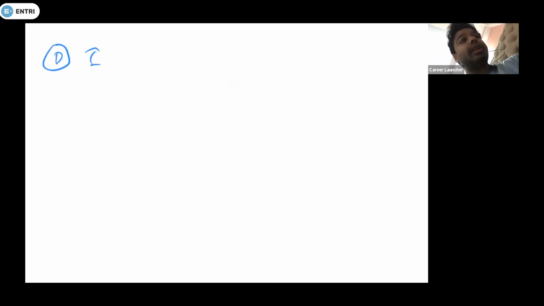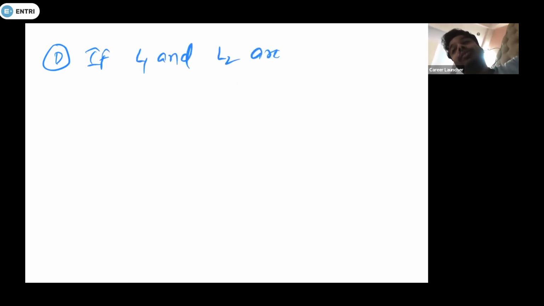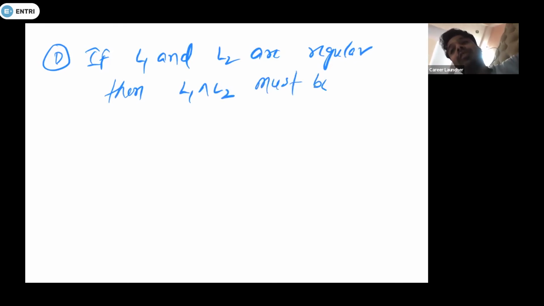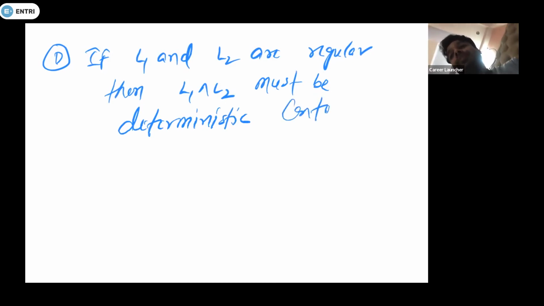D: if L1 and L2 are regular, then L1 intersection L2 must be deterministic context free.